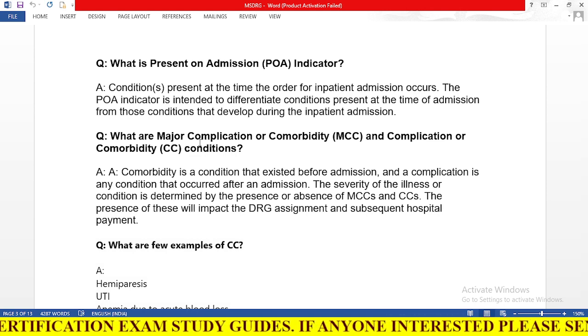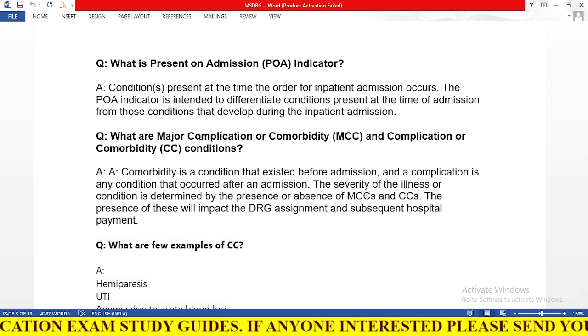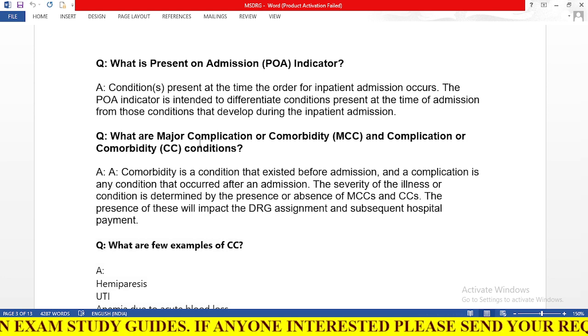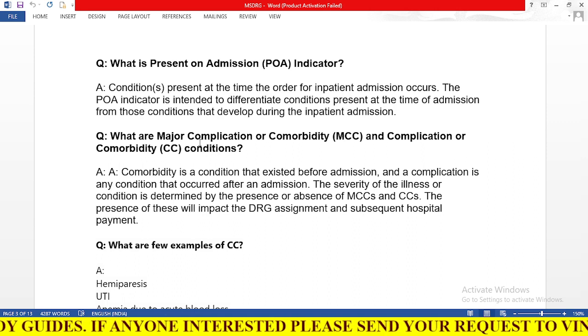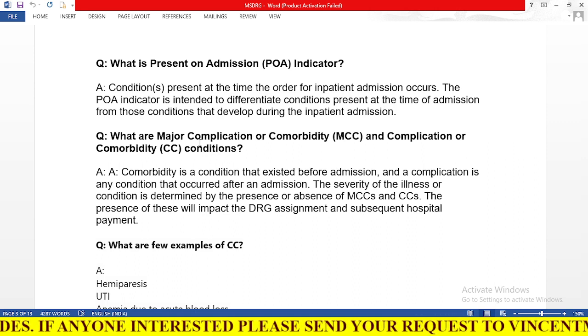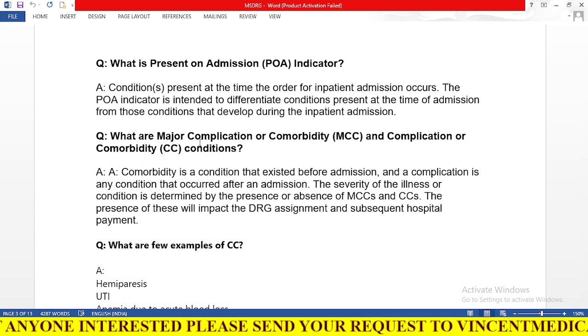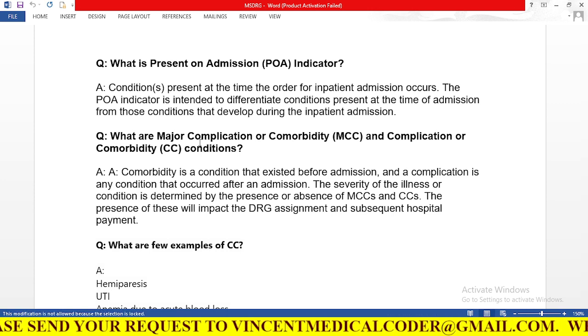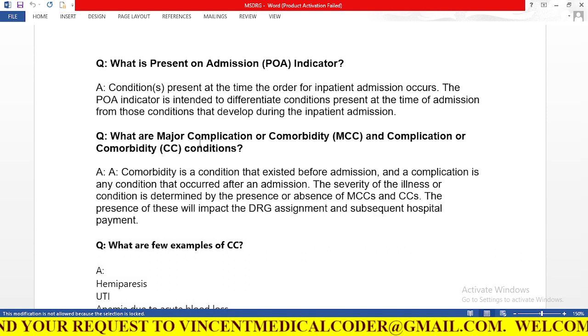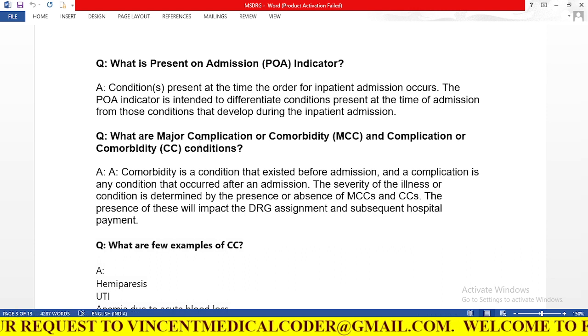So if the patient has a hospital acquired condition which is not POA, that means that condition was not present at the time of admission, and the hospital will not get the payment. So basically, for hospital acquired conditions, the hospital will not get the payment.